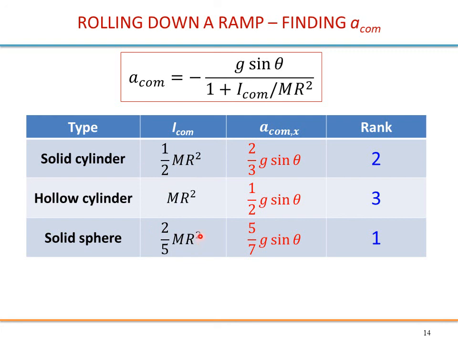The greater the inertia, the longer it will take to reach the bottom of the ramp, because again, inertia is resistance to change. So the greater the inertia, the greater the resistance to the motion. And so this explains why the sphere will arrive first, followed by the solid cylinder, and then the hollow cylinder.